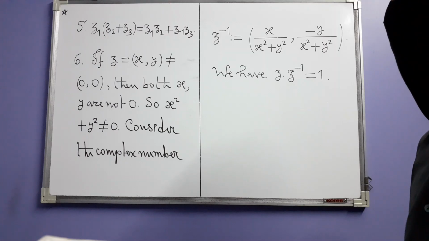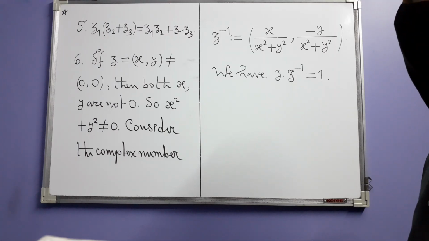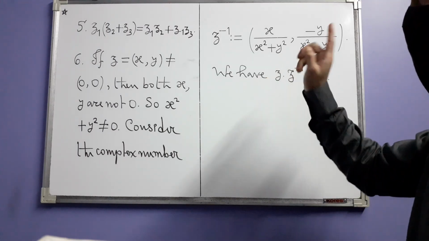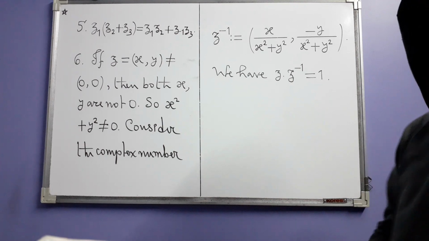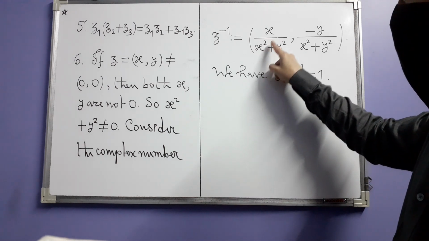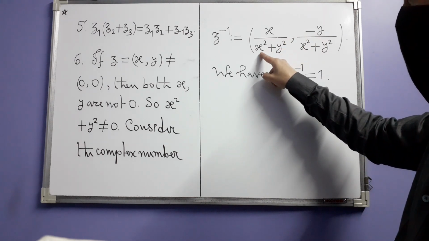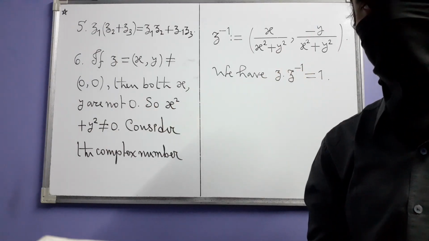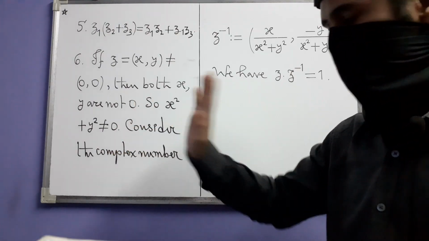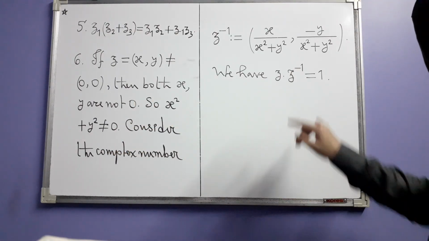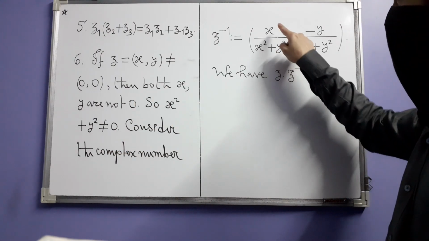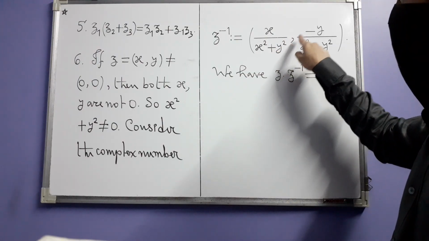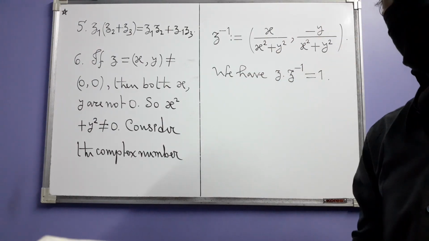But anyway, what does that do? It allows us to consider this complex number, where we are dividing x and minus y by this real number, x squared plus y squared. And we can do that because it's non-zero. So this is a legitimate complex number: x divided by that, comma, minus y divided by that.